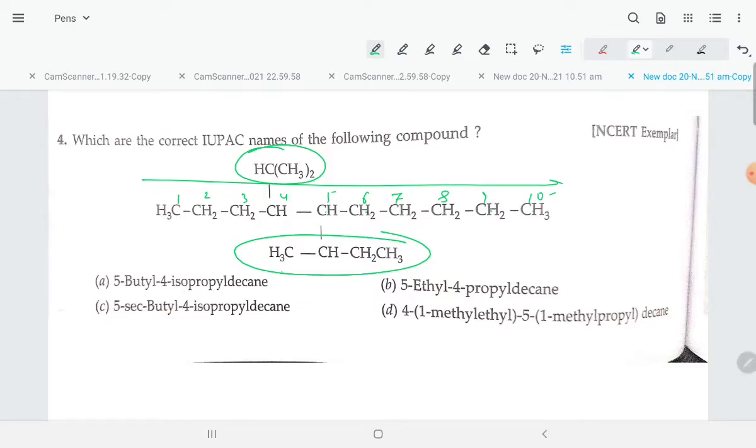On the fourth position this group is there, and on the fifth position this group is there. So first of all we are going to write what is on the fourth position, student.